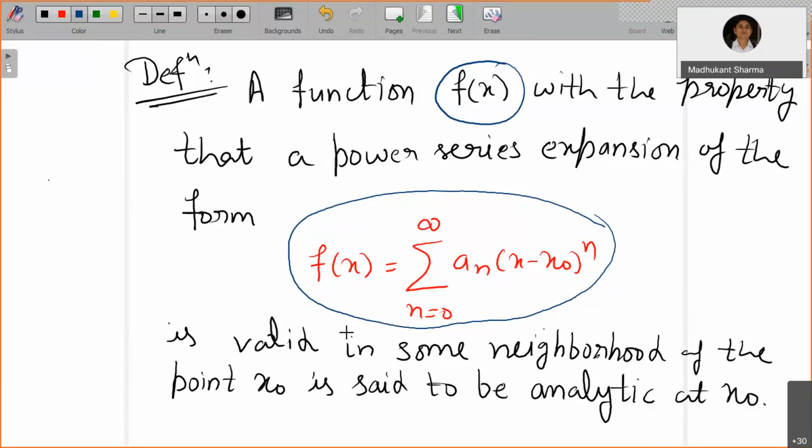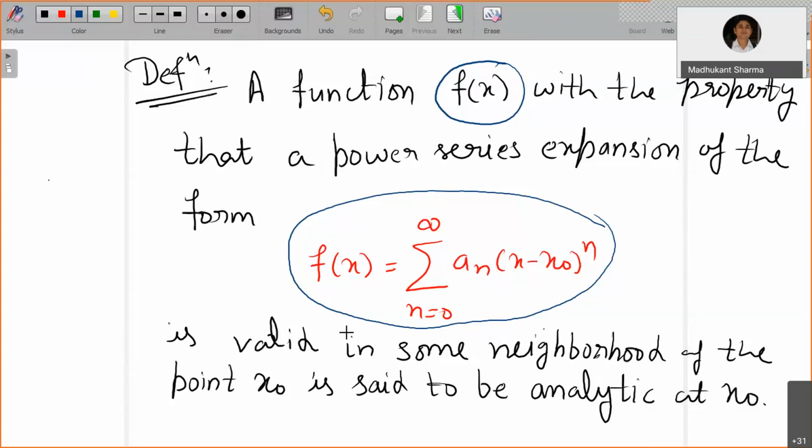But the same function you can also expand about the point x equals x0. So you can write e to the power x in powers of x minus x0 as well. There you have to do some adjustment: you can subtract x0 and add x0, and then use the property of the exponential function.